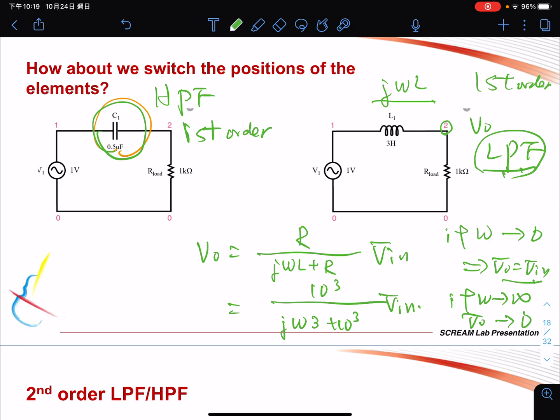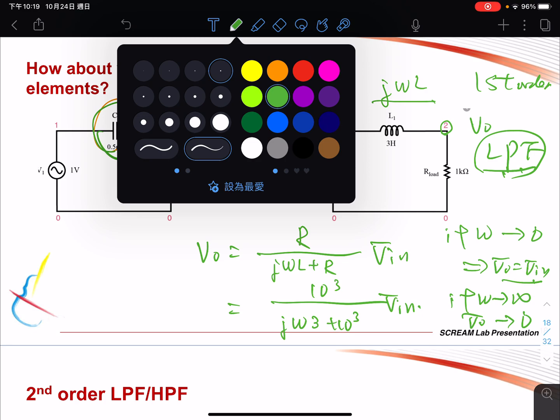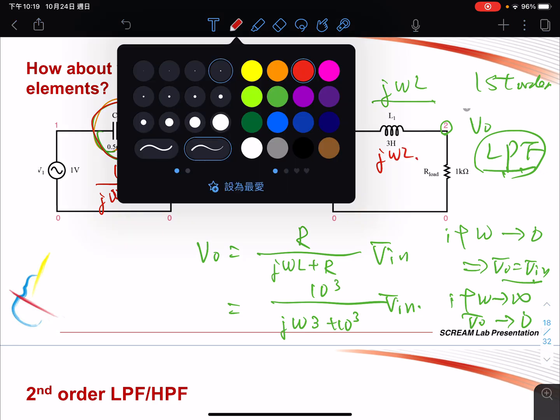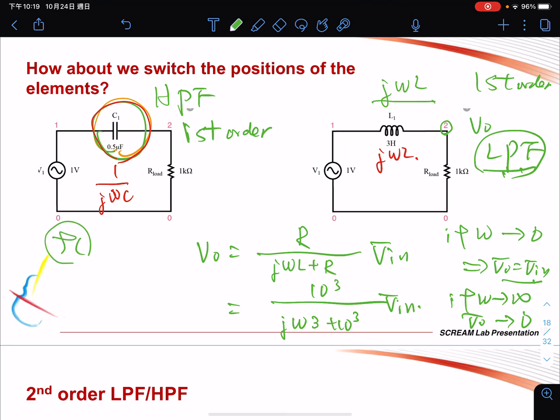Okay, so as we can see, the capacitor and inductor actually act reversely, because in the capacitor the impedance is 1 over j omega C, but for the inductor it is j omega L, right? And to find the cutoff frequency fc, it is when omega multiplied by 3 will be equal to 10 to the 3.